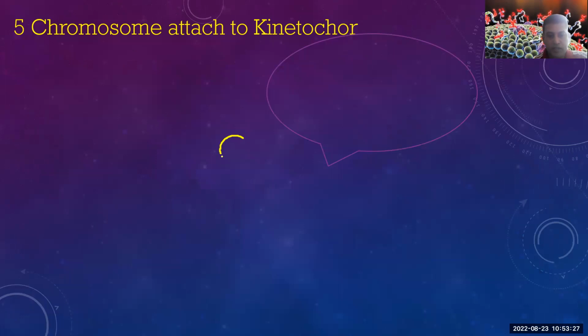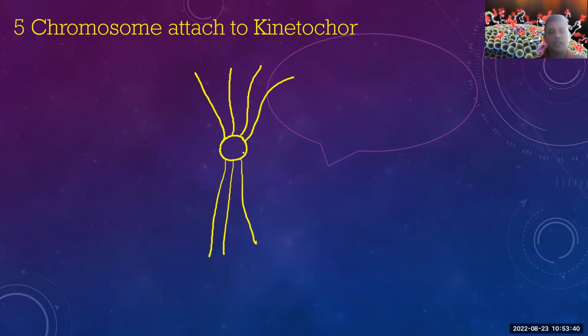This is the centromere. I drew it round for easiness, and that's one chromosome arm. This is the chromatid, second chromatid, like this, just like this egg-shaped one.